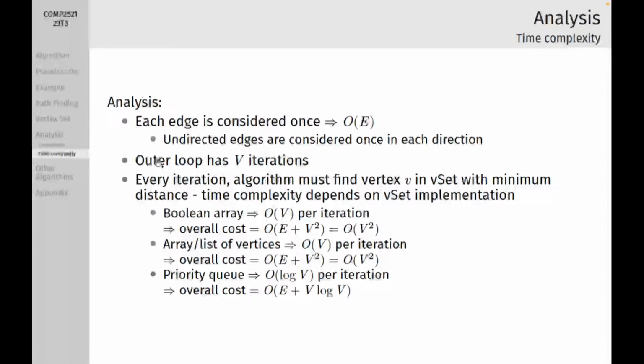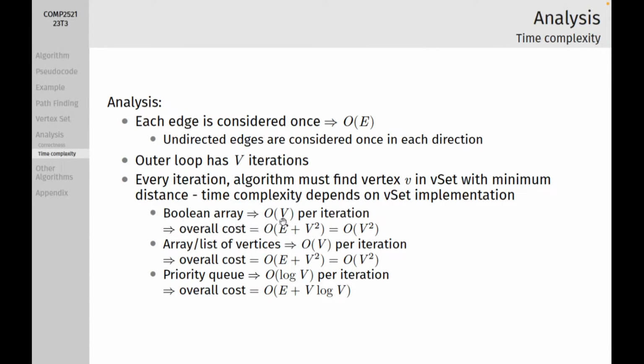So what else does the algorithm do? Well, the algorithm has V iterations. The outer loop has V iterations, and in every iteration, we have to find the vertex in the V set with the minimum distance. The time complexity of this depends on how you implement the V set. We looked at a bunch of implementations earlier.